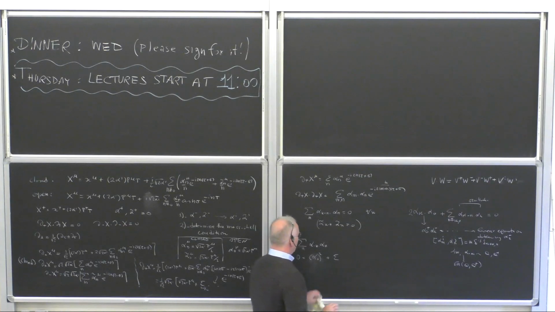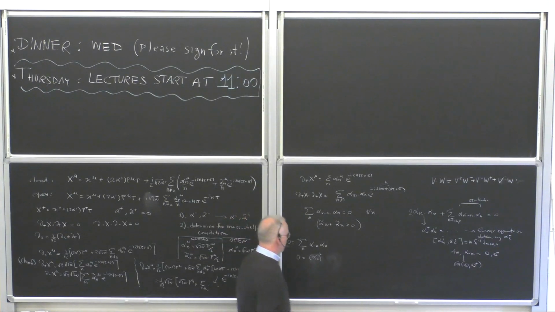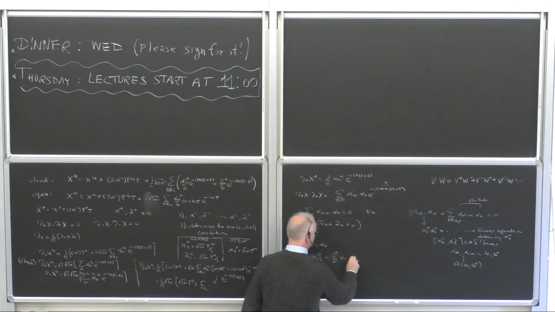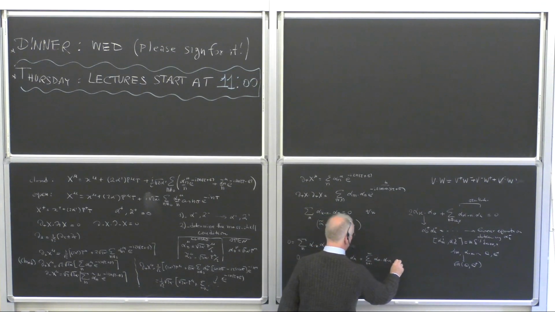Actually, the alpha 0 squared here means the whole product. Okay. Now, and then there is a sum for n from 1 to infinity, alpha n. Then there is another sum for n from 1 to infinity, alpha n dot alpha minus n.